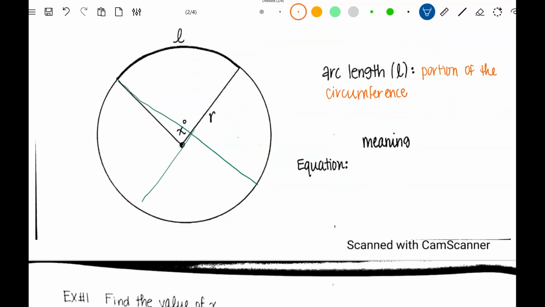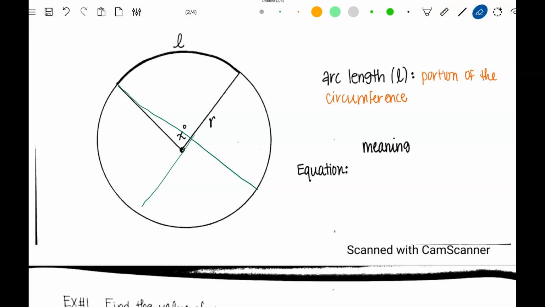So the equation for arc length, the distance traveled around that arc, is the measure of the central angle over 360. That's the portion of the circle that we're traveling. If the central angle measures 90 degrees, that's a fourth of the way around, so we're going to do a fourth of the circumference. So it's the central angle over 360 times the circumference of the whole circle.